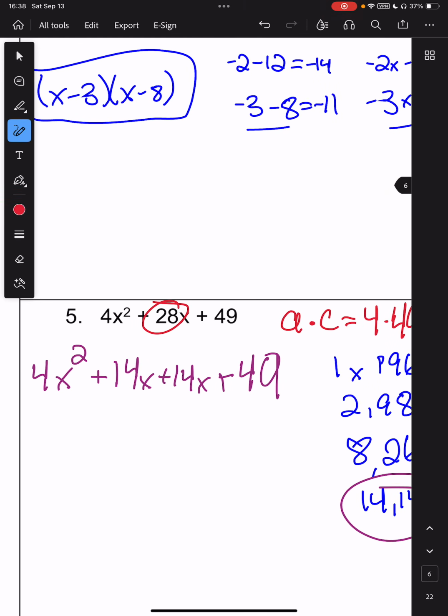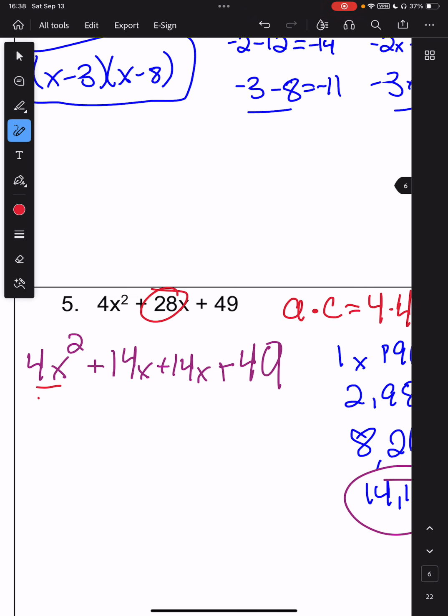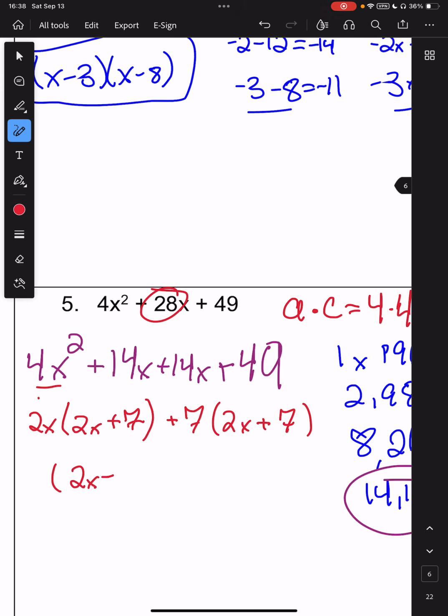So let's take out what we have from the first one. We can take out a 2x, and then we're left with 2x plus 7. And then on the one on the right, what we can do is take out just a 7. And then we're left with 2x plus 7. And so now we have 2 of these 2x plus 7s, so we can take those out.